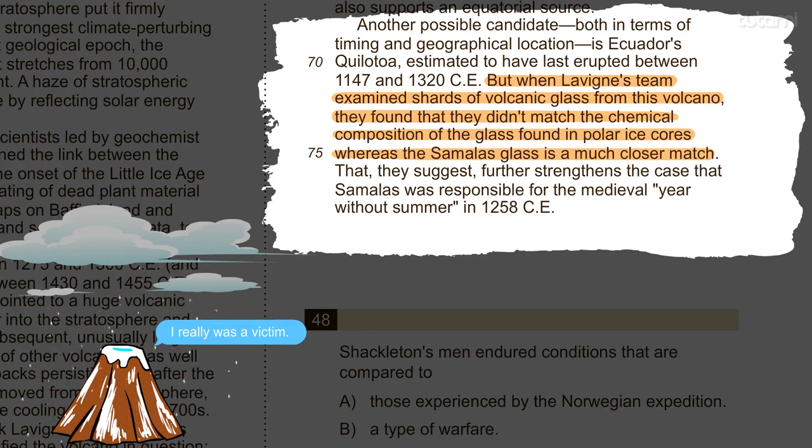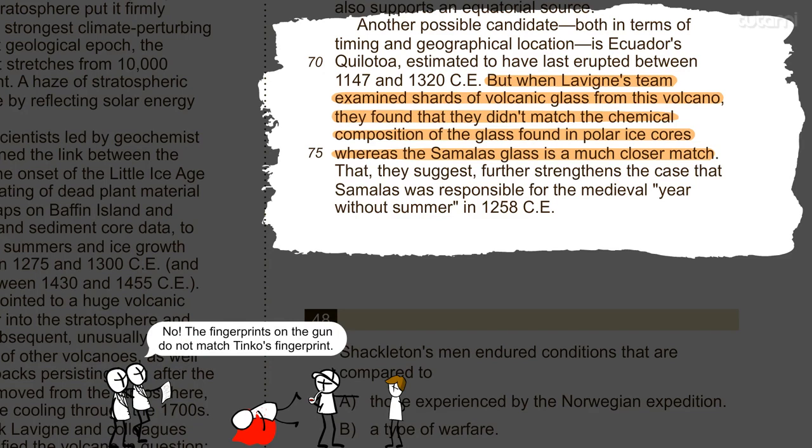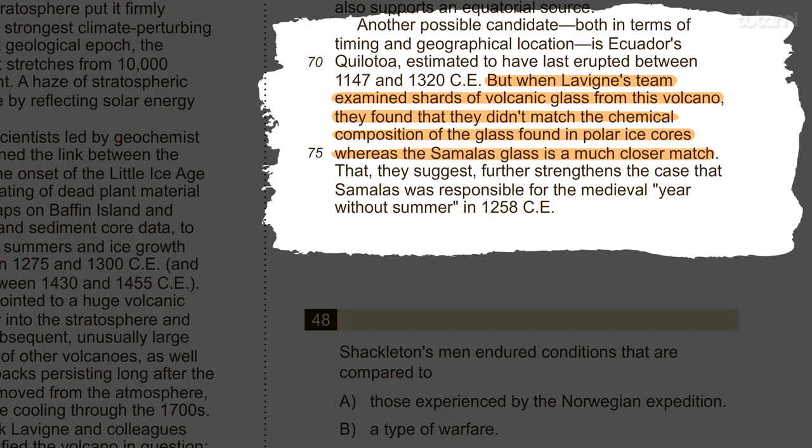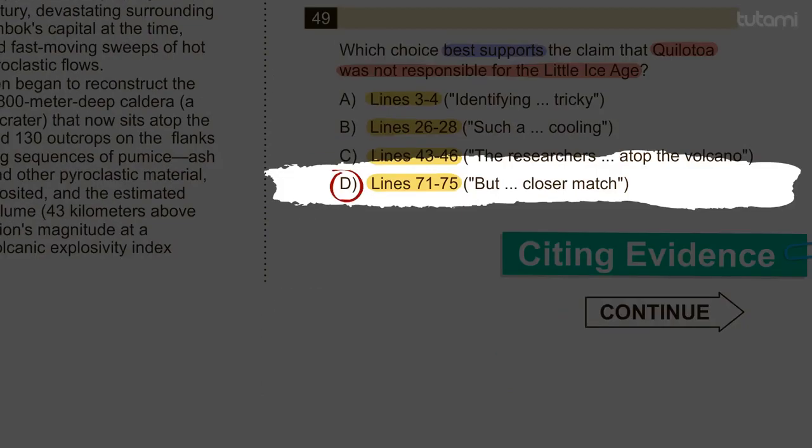I mean, it didn't even match. It's almost like a detective claiming that Tinko was the murderer, but after the crime lab forensic team examined the evidence, they said that the fingerprints on the gun do not match Tinko's fingerprint. That statement from lines 71 to 75 basically states that Kilotoa was not responsible, okay? So D is a very strong indicator that it is the right answer so far.